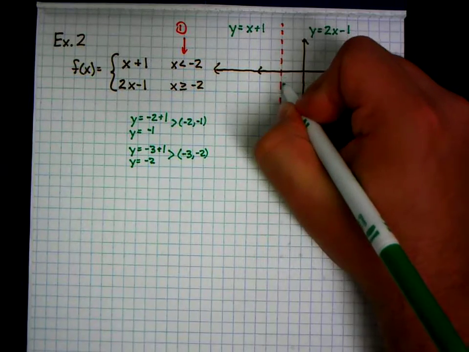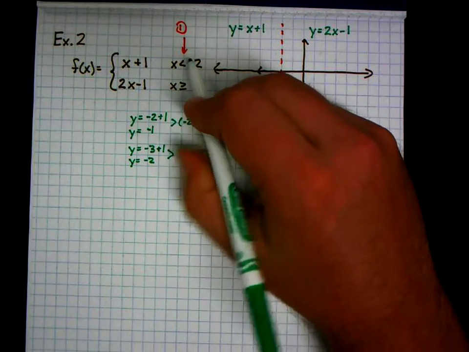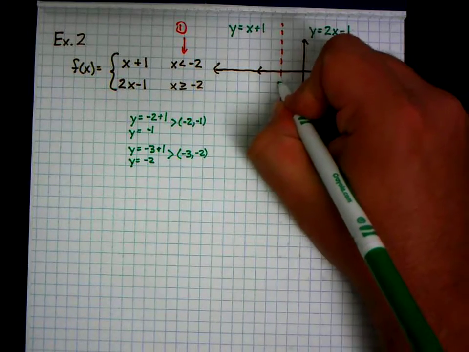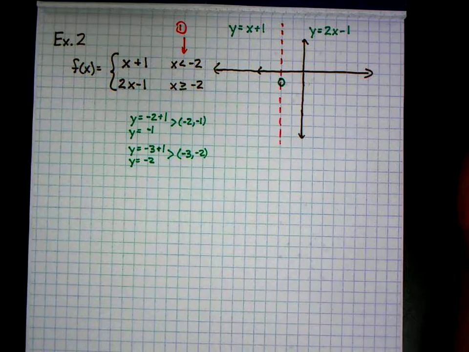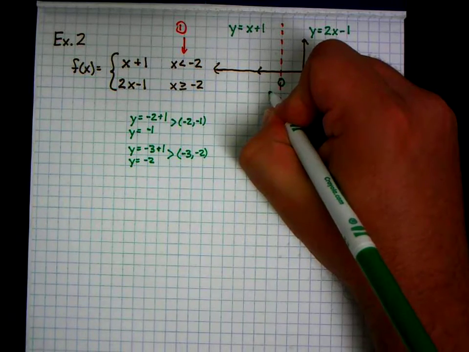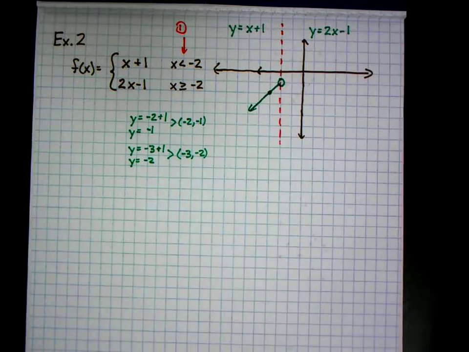Now, -2, -1. I cannot put a dot there because this one isn't actually included on this line, right? Because I have a less than sign. So what I can do is use an open circle. -3, -2 is fine. So there's my line.